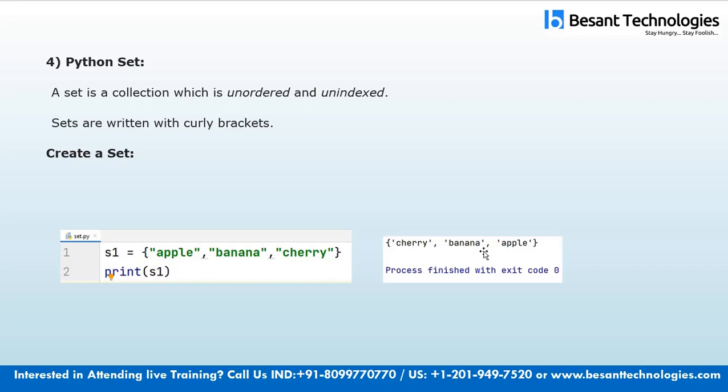So this is unordered and unindexed. If you want to retrieve any elements from the set, you cannot use index values because this is not an ordered one. So retrieving elements by index from a set is not possible. And sets are written with curly brackets.